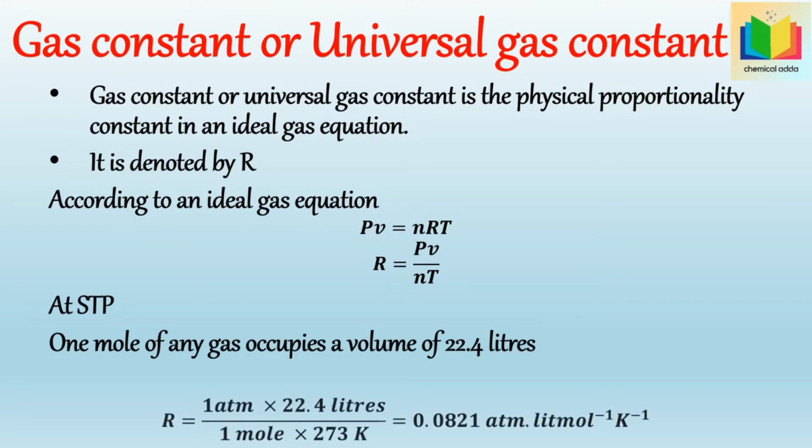Hence, R is equal to 1 atmosphere into 22.4 liters divided by 1 mole into 273 K. Hence we get R is equal to 0.0821 atmosphere liters mole inverse Kelvin inverse.